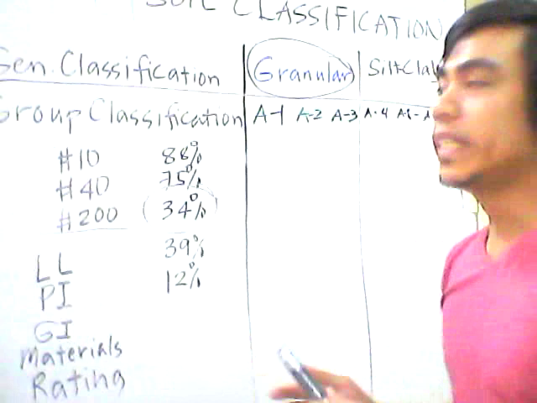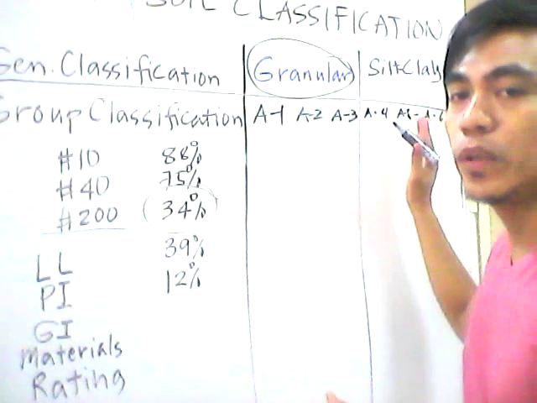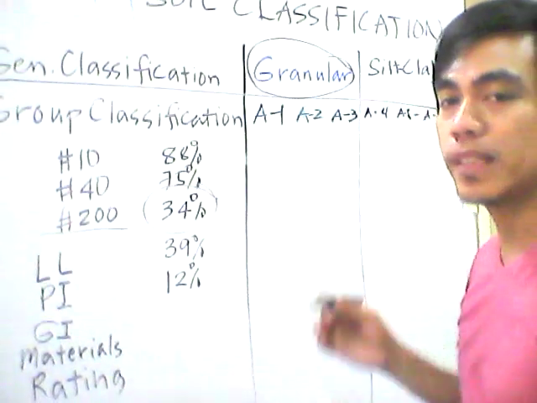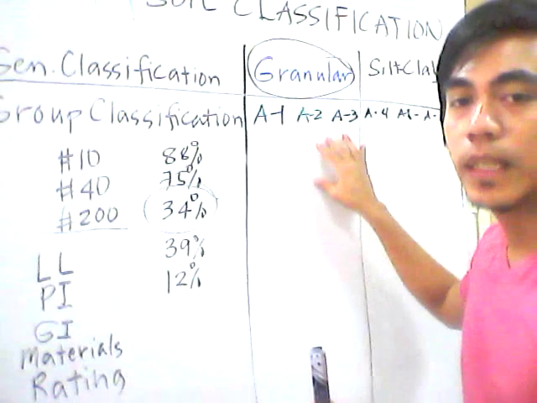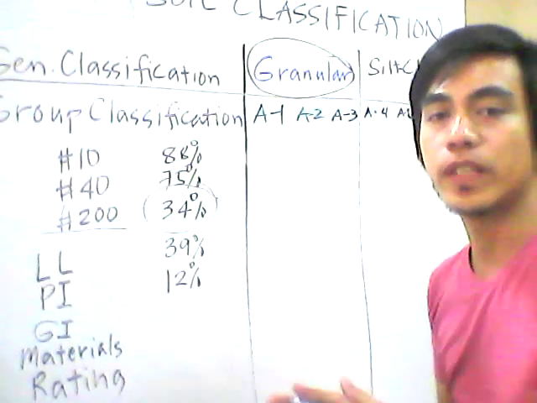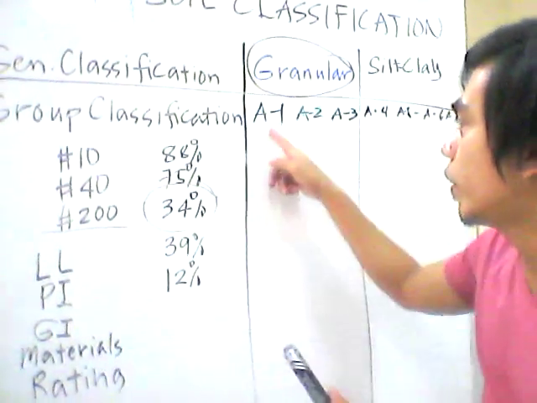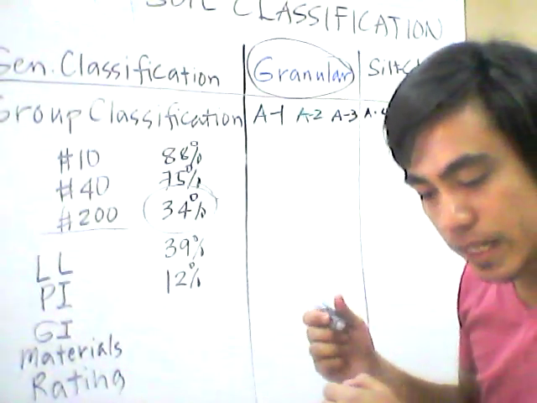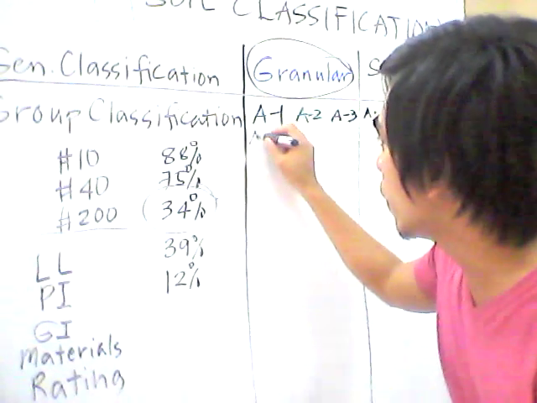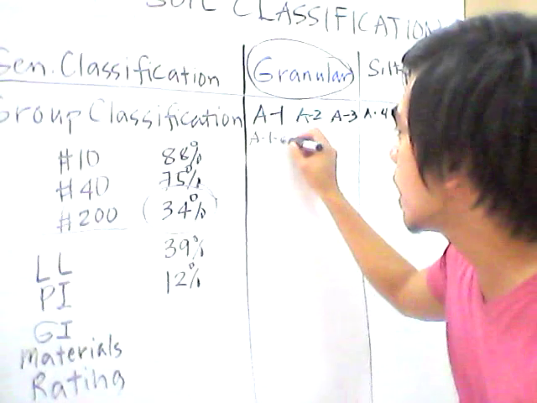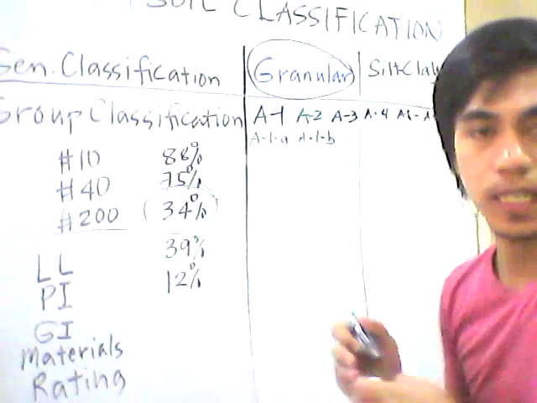Starting from the left, from left to right, we are going to use the elimination process so that we will arrive at the correct classification of the soil sample. Number 10. For A-1, this is divided further into A-1-A and A-1-B.